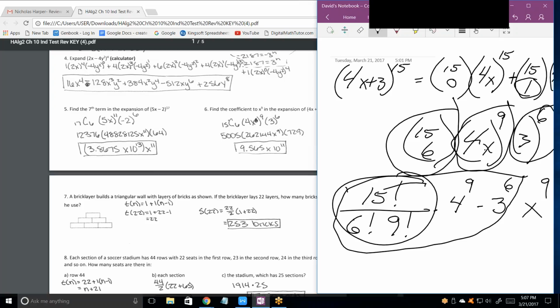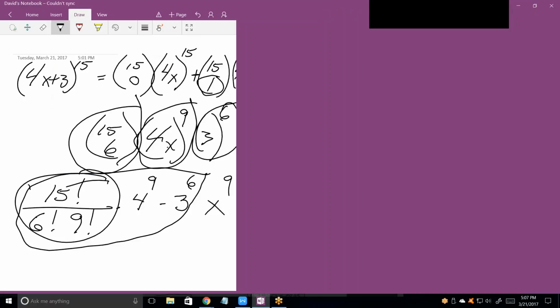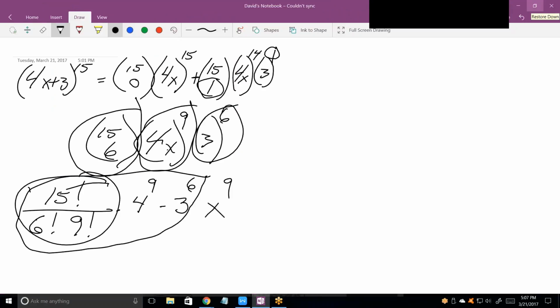And the true secret is to find this pattern. The pattern being that's n, second term that's n minus 1 and 1, third term is n minus 2 and 2. In other words, these two numbers always add up to n. That helps, because that means when you get to the x to the 9th term, it's got to be 3 to the 6th.